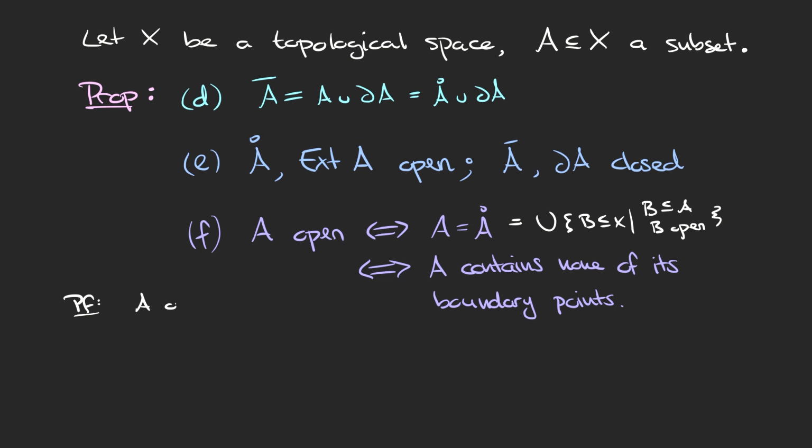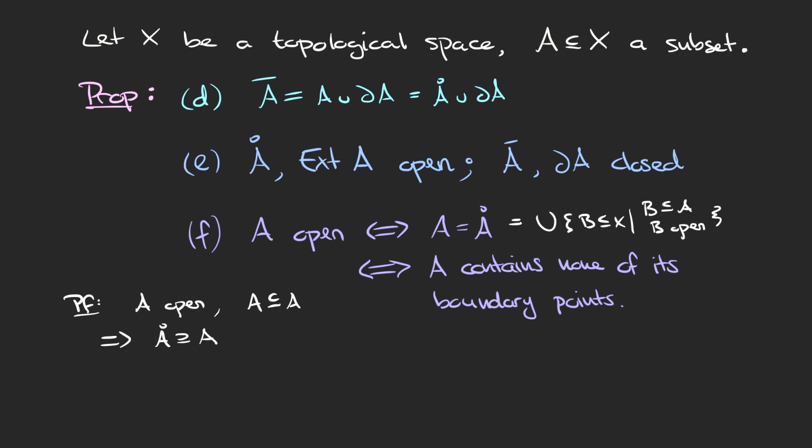Now assume that A is an open set, then we know that, well, A is a subset of X and A is contained in A. This implies that A is actually a part of this union, so that the interior of A contains A. Again, this is just because if A is open, then A is an open set that is contained in A, hence it needs to be contained in the union over all such sets.